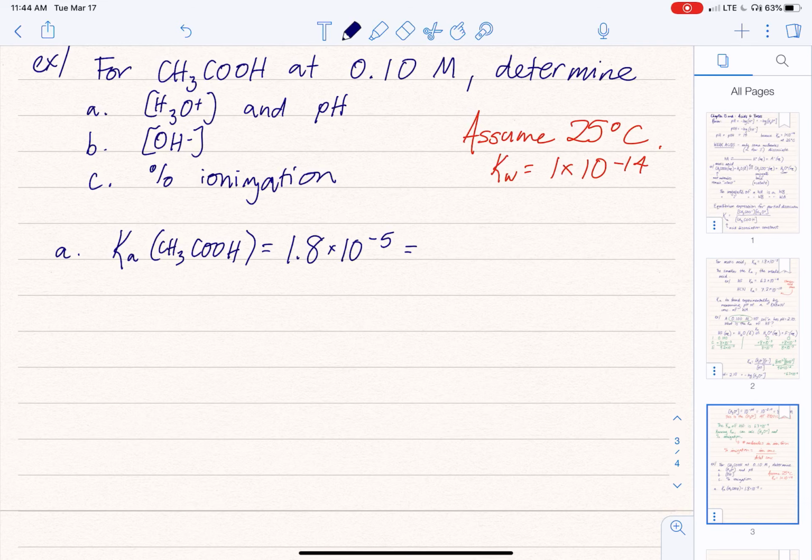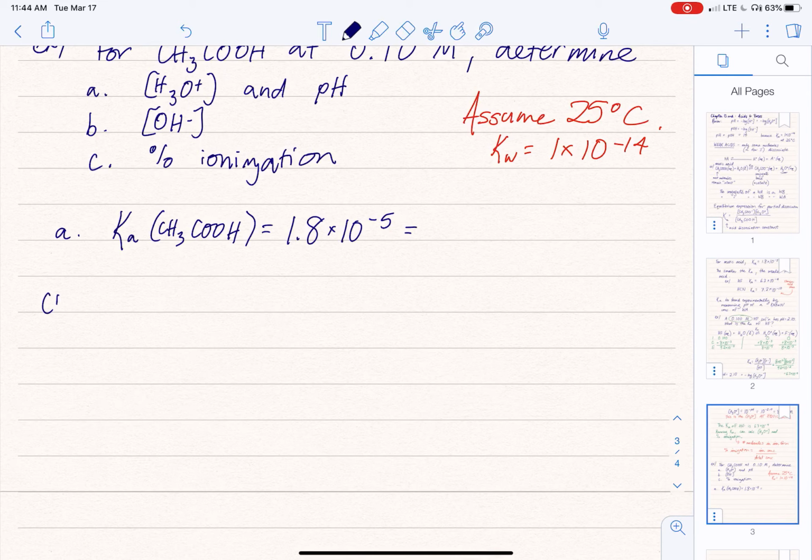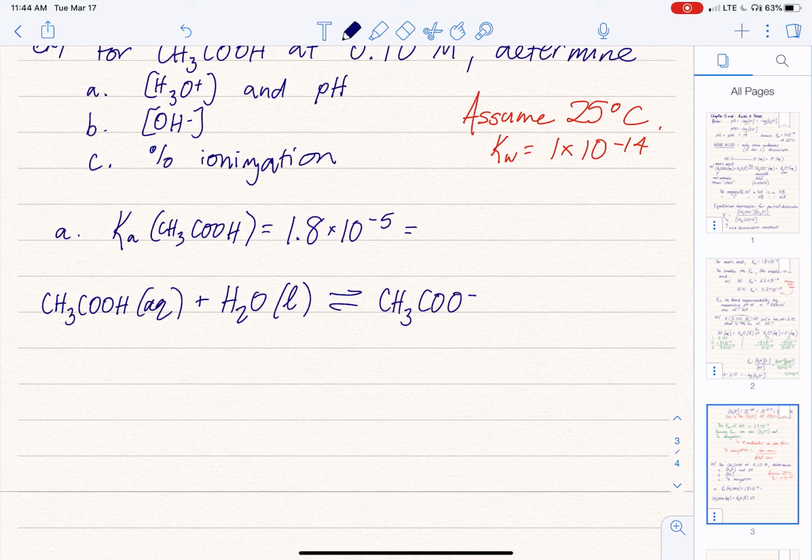So I want to figure out what the Ka for acetic acid is going to be. Now, the acetic acid, of course, I wrote the reaction for it reacting with water just a moment ago, but you should always, again, write down the chemical reaction for what's actually happening in these situations. So I'm going to just rewrite that weak acid dissociation reaction.